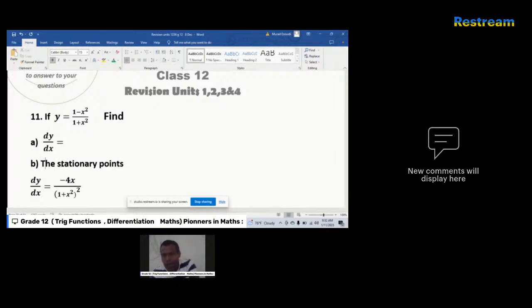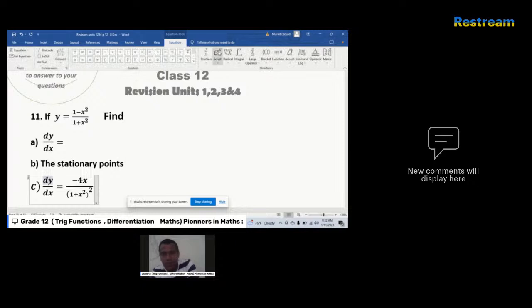Then you will try to find the second derivative of y with respect to x, to do what exactly?